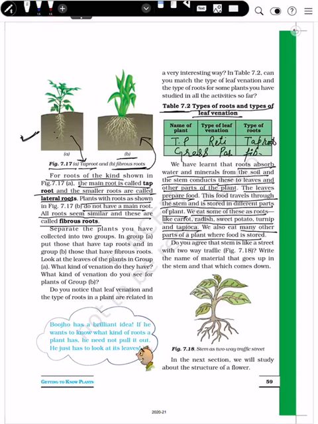So we can say finally that the stem is like a street with two-way traffic, which helps minerals go up the stem and allows the important materials required for the growth and development of the plant.